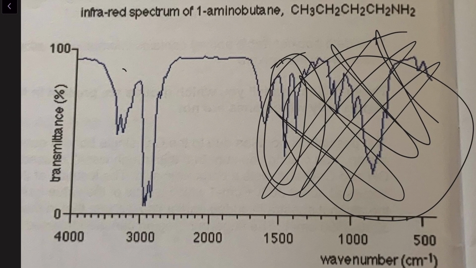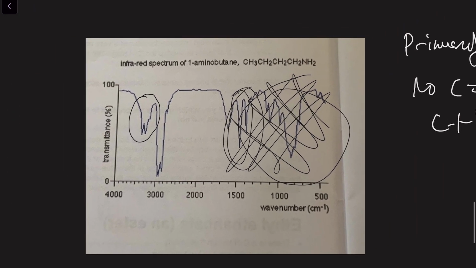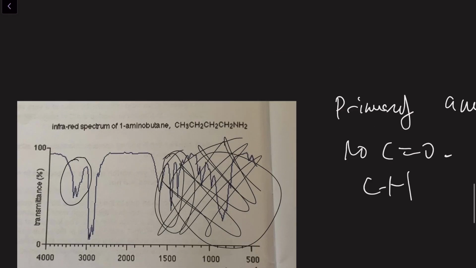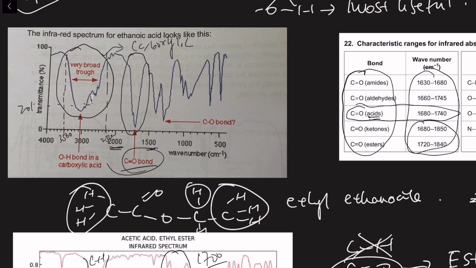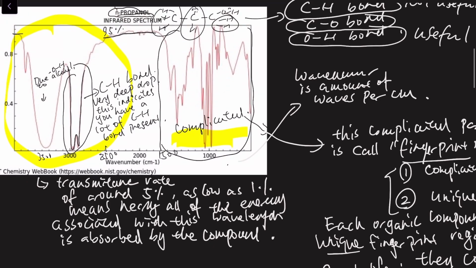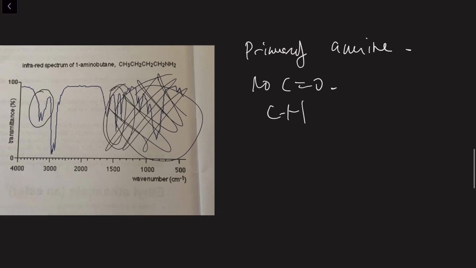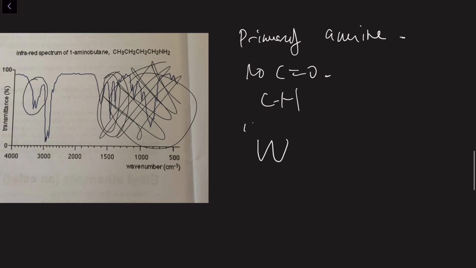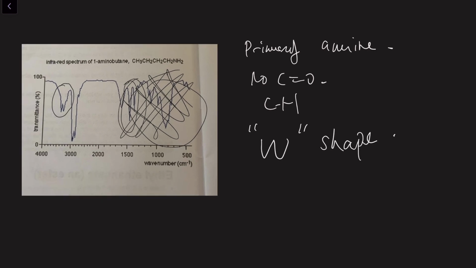And the interesting thing is this region. You can see that it is different from the absorption region of carboxylic acid and alcohol. It has this inverted W shape. And this W shape is the telltale sign that you have this NH bond.